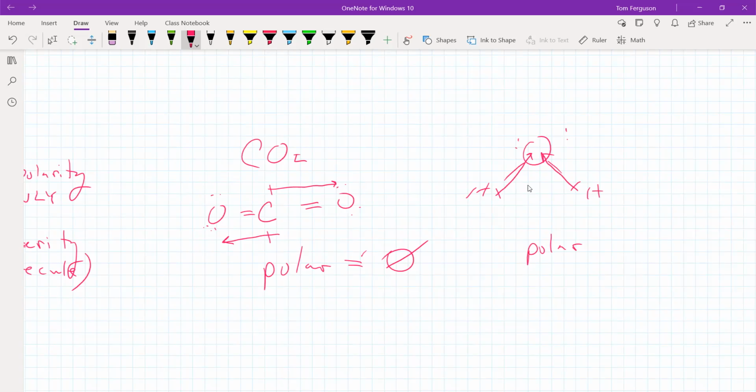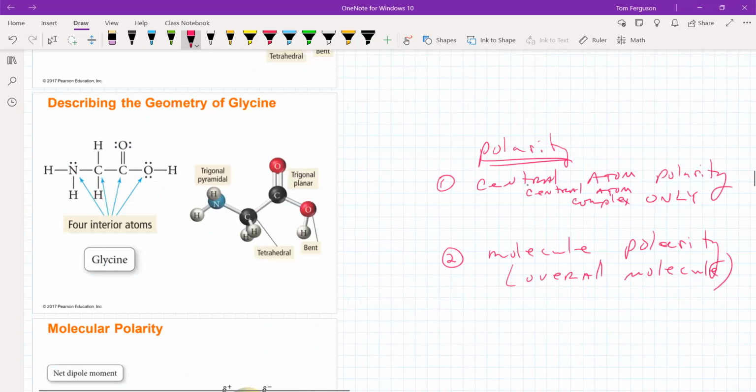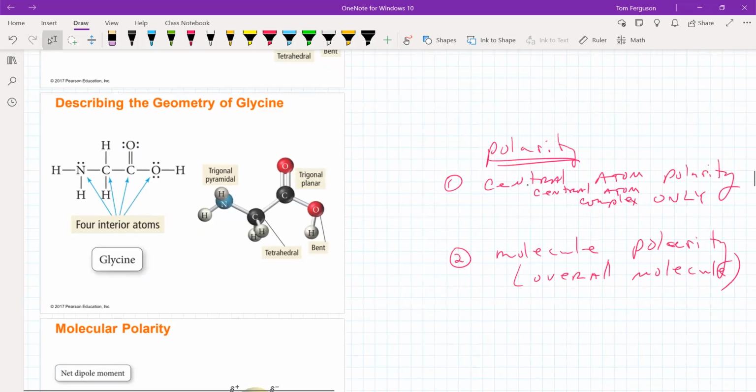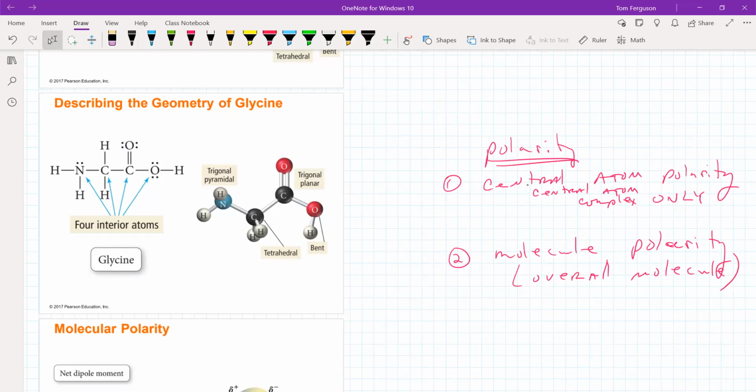But what happens if we have multiple central atoms? Then we have to look at the overall polarity of each central atom relative to one another within the molecule. Okay, in glycine, for example, we've got 4 central atoms. Each one of those is either going to be nonpolar or polar.